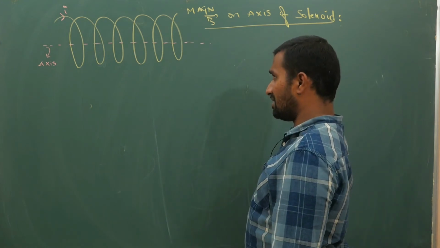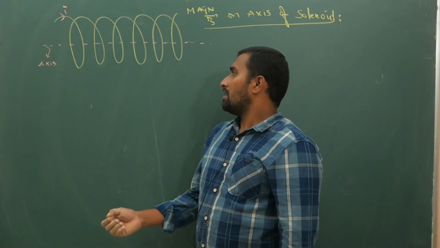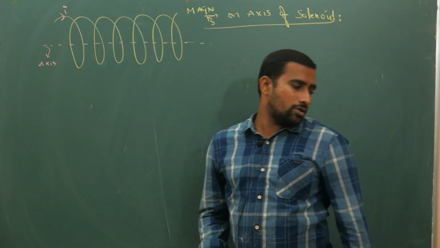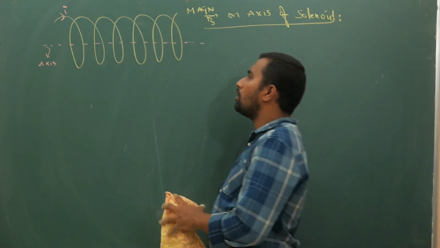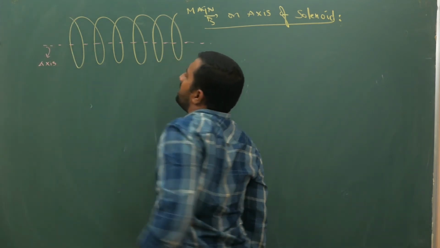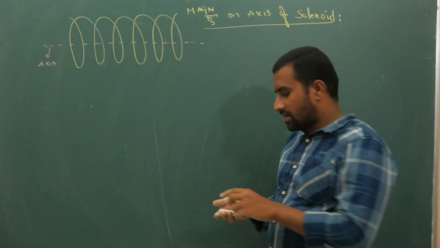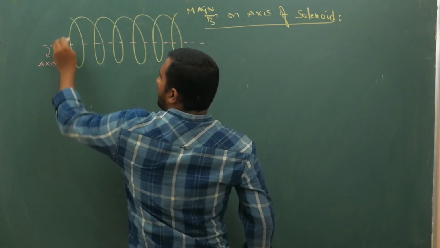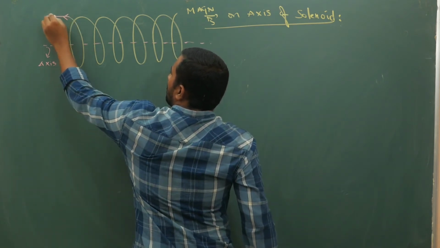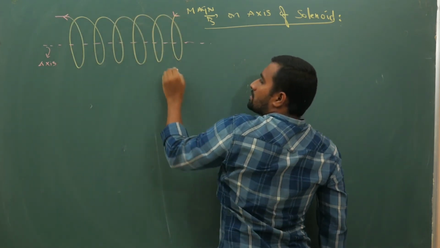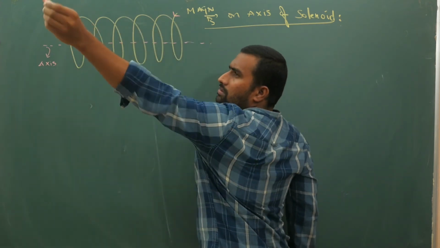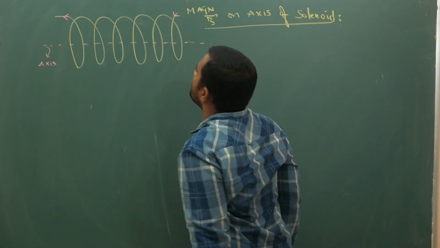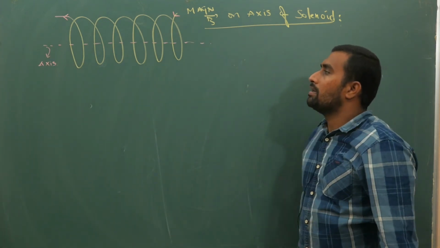Now instead of that arrow, let me keep the arrow in the opposite direction. Instead of the current going that way, let us say the current is going like this. So it enters, comes out, enters, comes out like this. This keeps on happening.